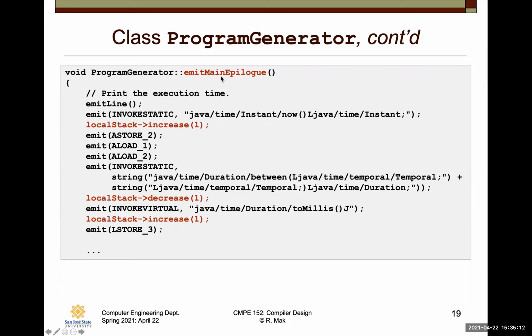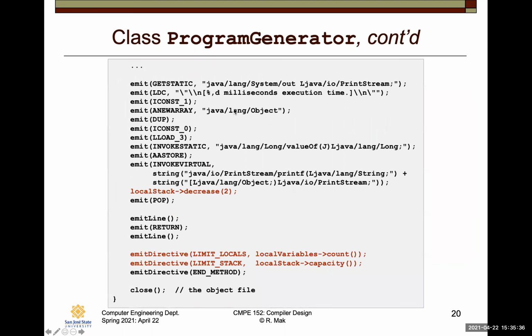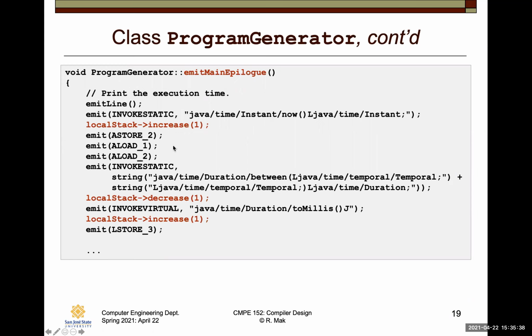Here's the main epilogue. I emit code to emit the elapsed runtime. Remember, whenever you run a compiled program, it tells you how long it ran. Here I'm emitting code that calls the Java timers, and so we get that.